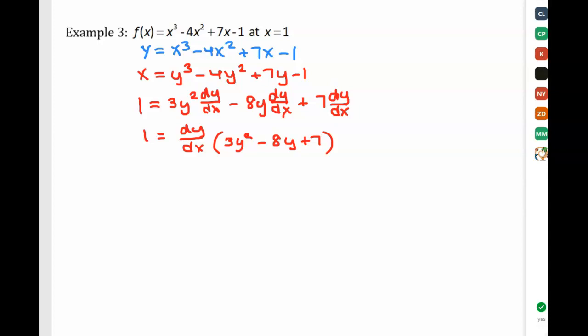And then just like in implicit differentiation, you're going to solve for dy dx. And that red function now represents the inverse derivative.